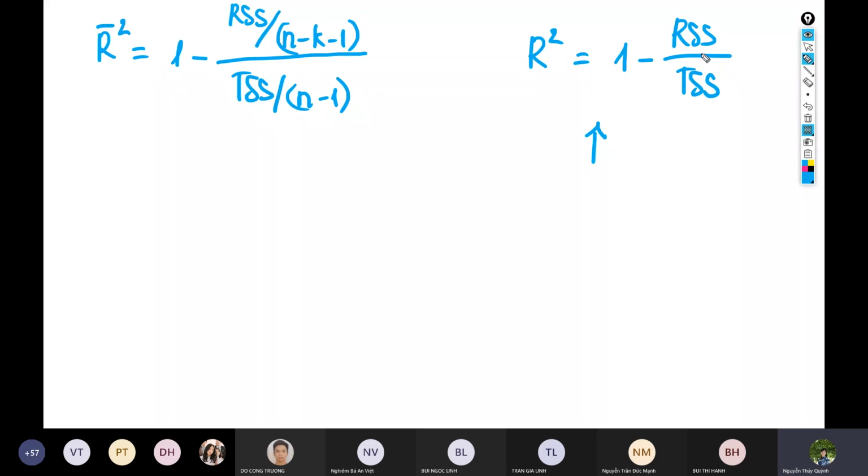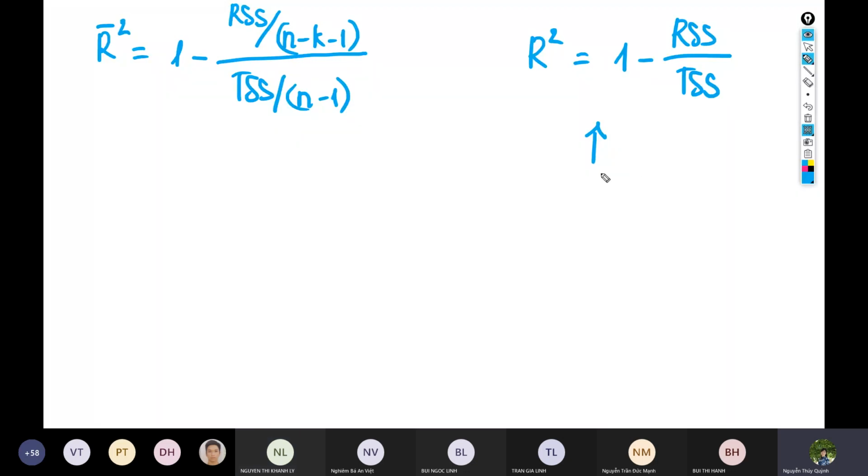So that change is due to the change in which component of this formula? RSS, yeah, right.